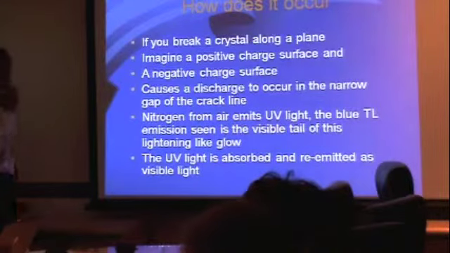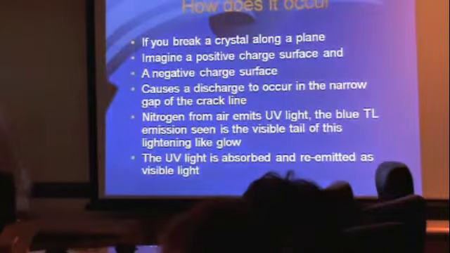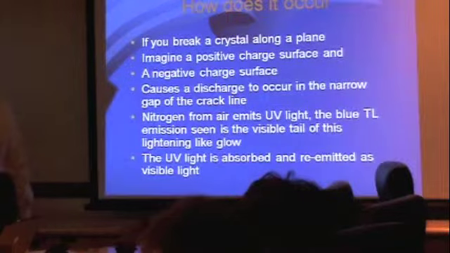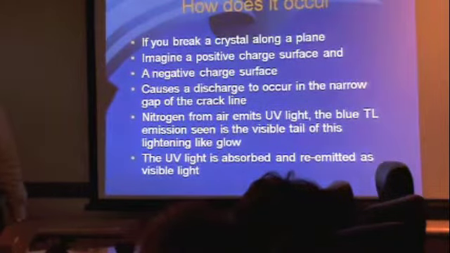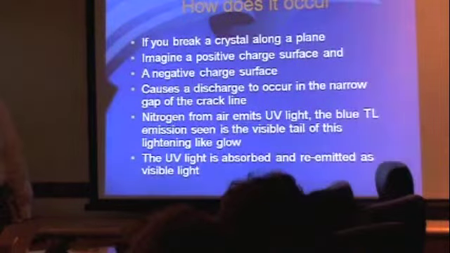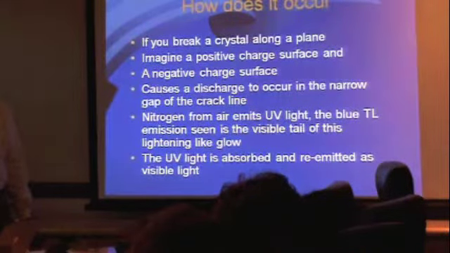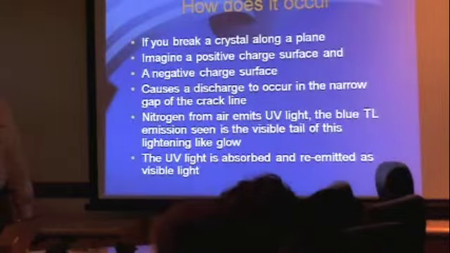So you want to know how it happens. As of now, we really don't know the exact explanation, because there are lots and lots of materials where this happens, and we want to find the best material which gives us maximum light output when you break.